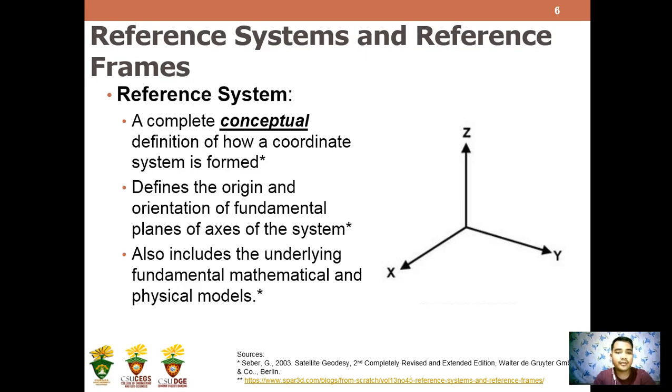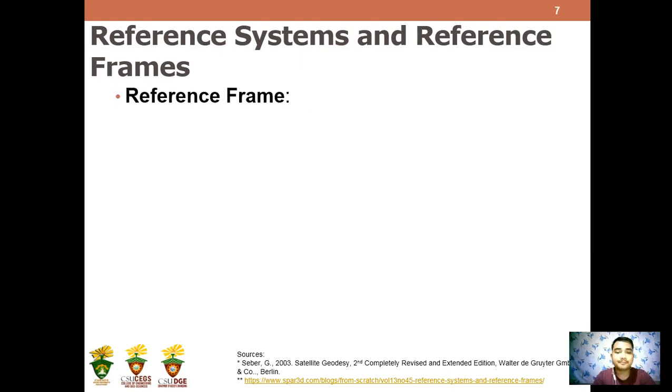So it's more on the conceptualizing, on the theoretical side. That's the reference system. And the reference system is unattached to the real world, because it is still just a concept.